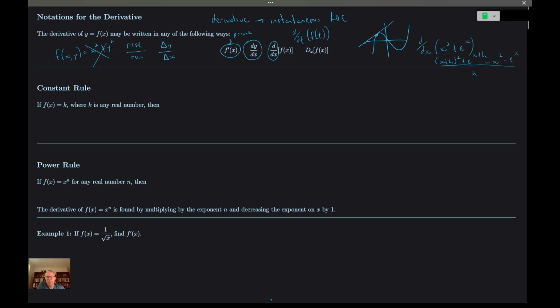Fortunately, somebody's already done general rules for these. So if you have a particular type of function, you can follow these rules, and they're almost shortcuts.